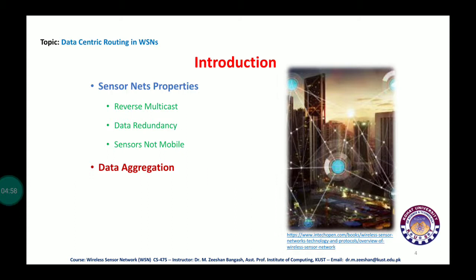And then the most important feature is the data aggregation mechanism, in which we try to eliminate the redundancy of the data at multiple positions or at multiple sensors, and we aggregate the data and store the aggregated form at a particular location or at a particular cluster head level.